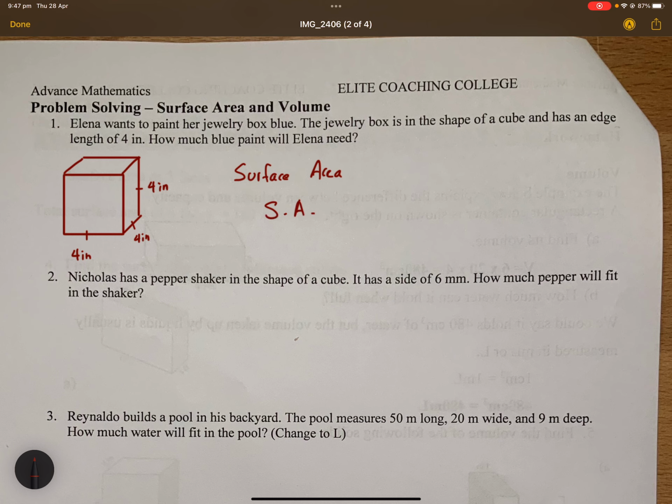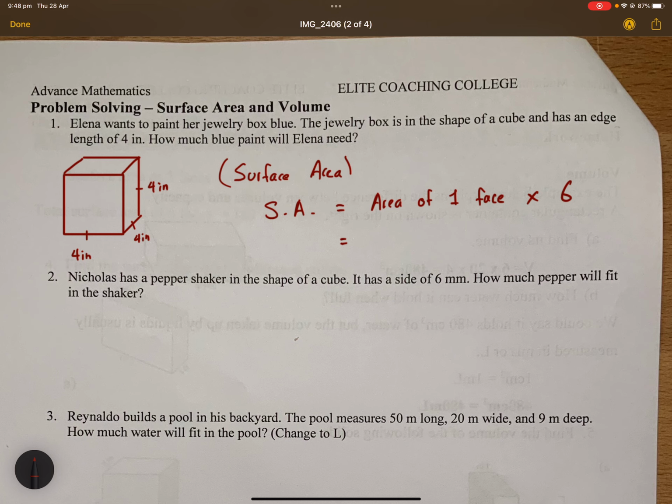If I say surface area, that's SA. Okay, so surface area is equal to the area of one face. And then we multiply that by 6 because we have 6 faces in a cube and they're all the same. The area on each face is going to be the same.